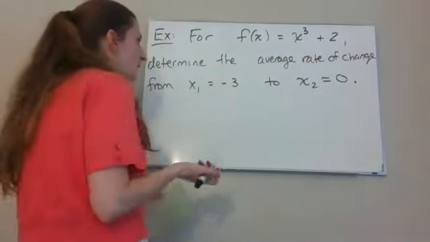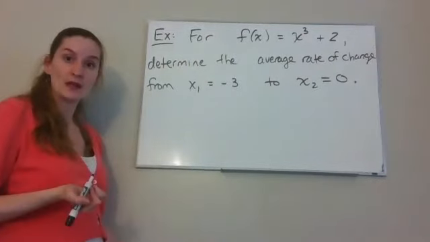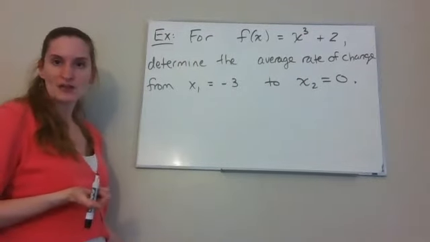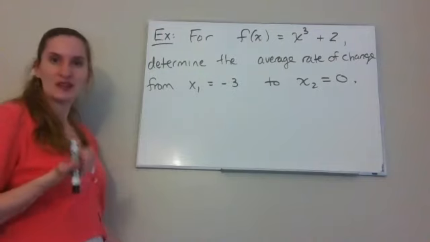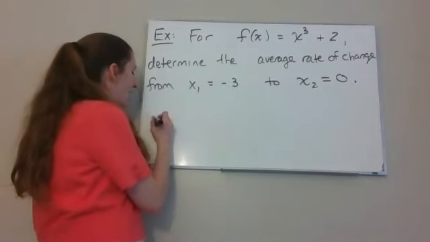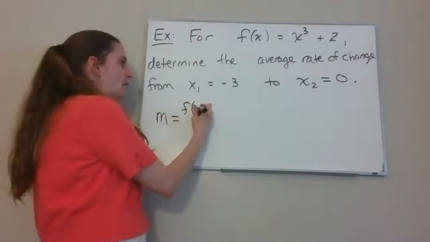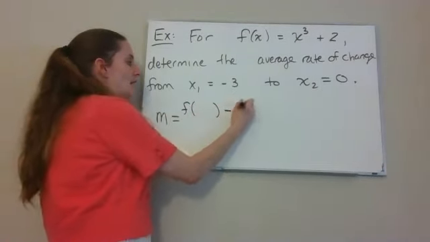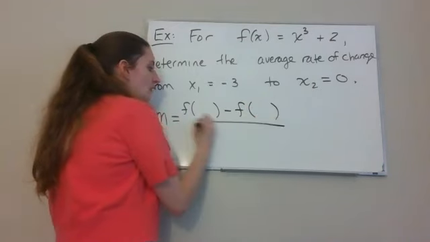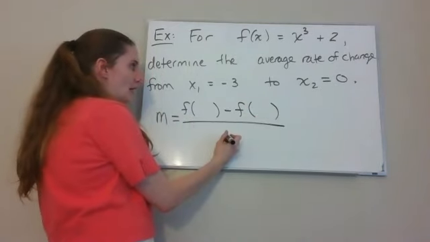To do this, we're just going to use the formula we just saw. Our average rate of change is equal to the slope of the secant line. So I have that my slope is f of x2 minus f of x1 over x2 minus x1.